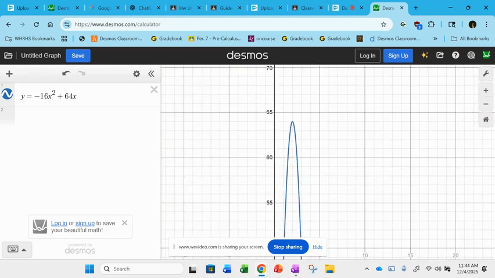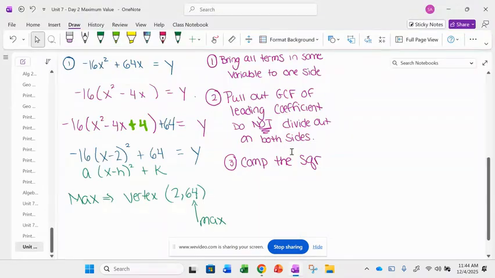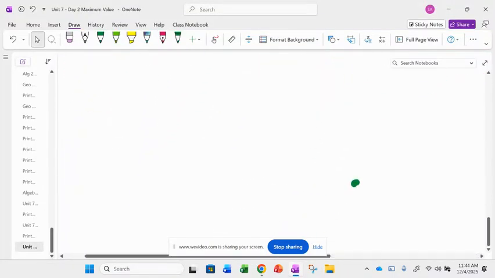We said it was a maximum, which is correct. This is our vertex point, 2 comma 64, and that's what we got when we put it into vertex form. Pretty cool, isn't it? All right. Next one.